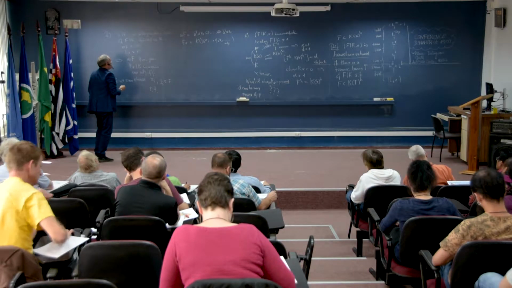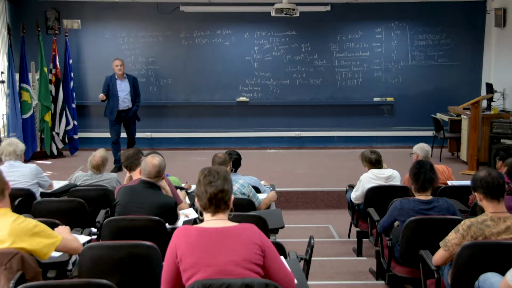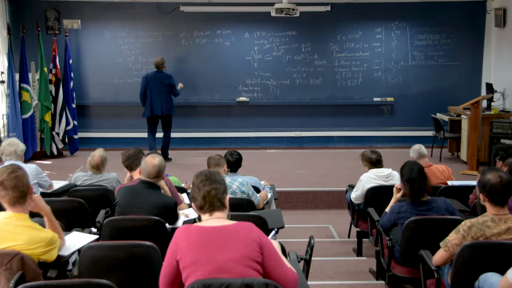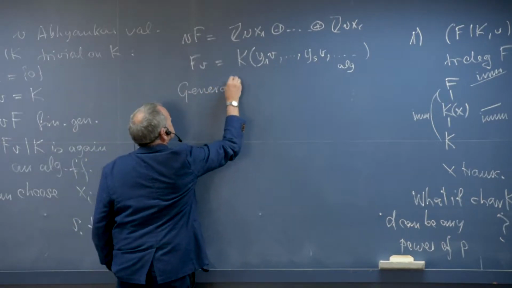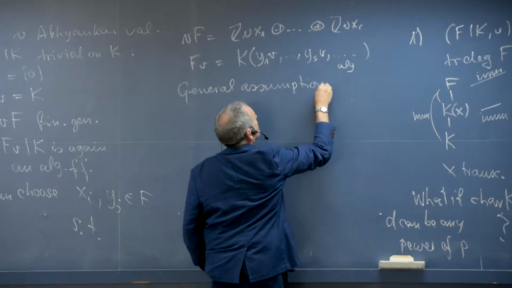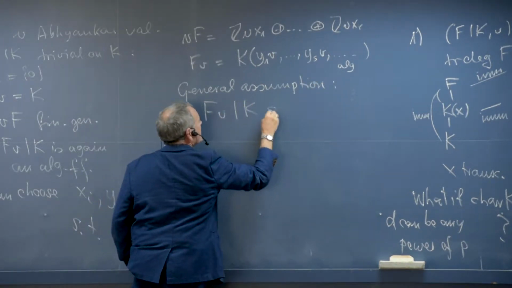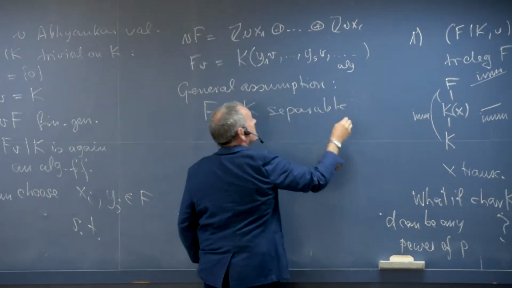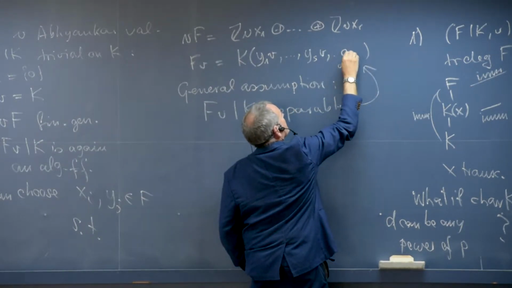And now we add an assumption that we will always need later, so general assumption, that Fv over k is separable. So then we only need one algebraic element here.